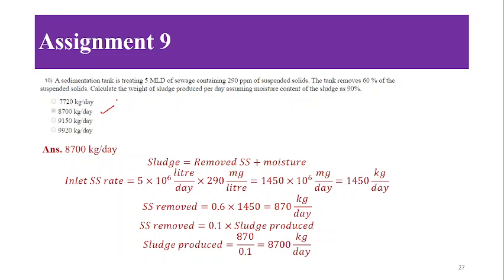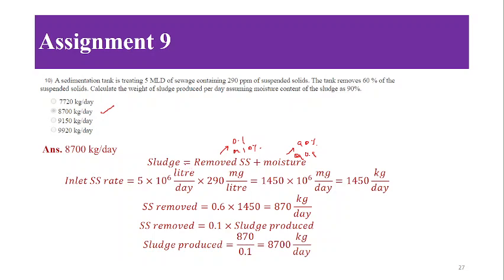Firstly, we need to understand that sludge, in this case, has removed suspended solid plus moisture, and this is 0.1 times or 10%, and this is 90% or 0.9. So firstly, we need to find out the inlet suspended solid rate.